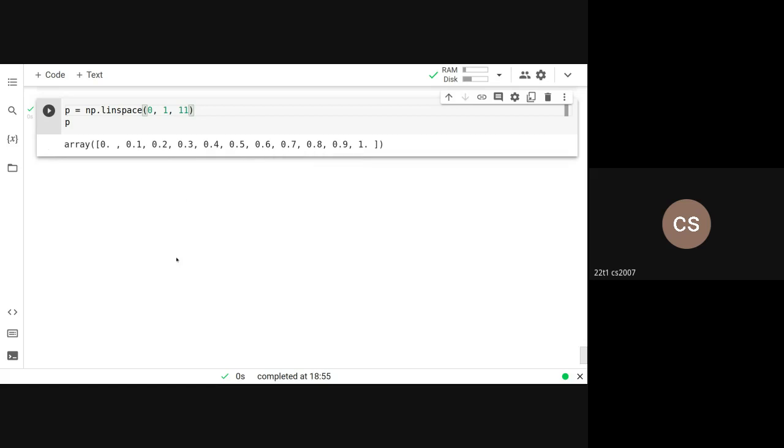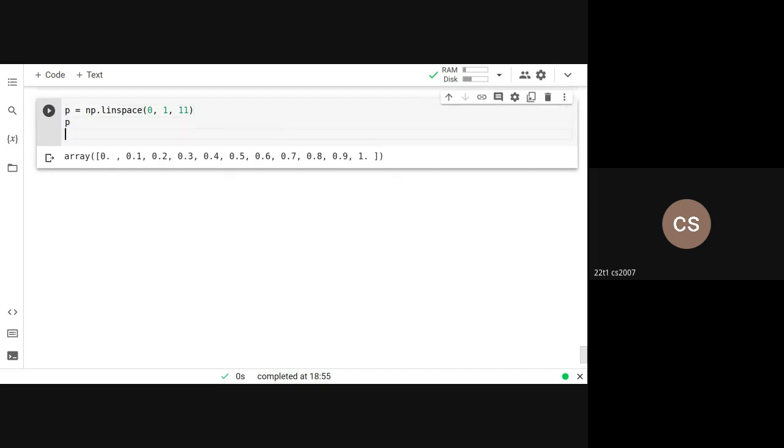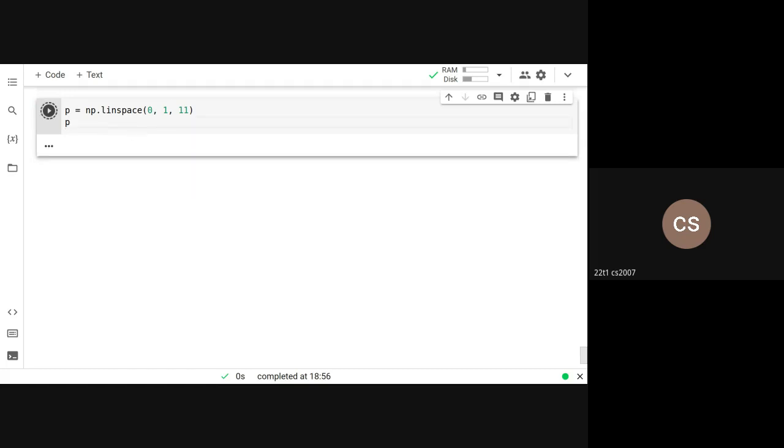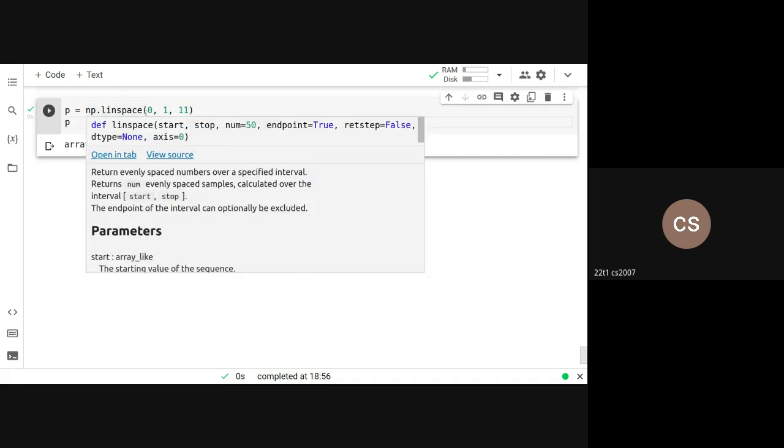Between 0 and 1, now there are going to be these 11 points, which are equally spaced. I hope you get the idea. If you try the length of p, it is 11. So we managed to get 11 equally spaced points between 0 and 1, endpoints inclusive. Both endpoints are included.